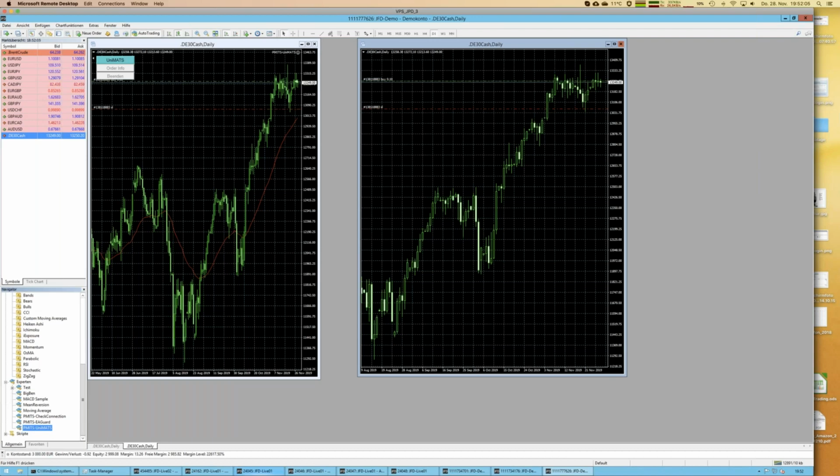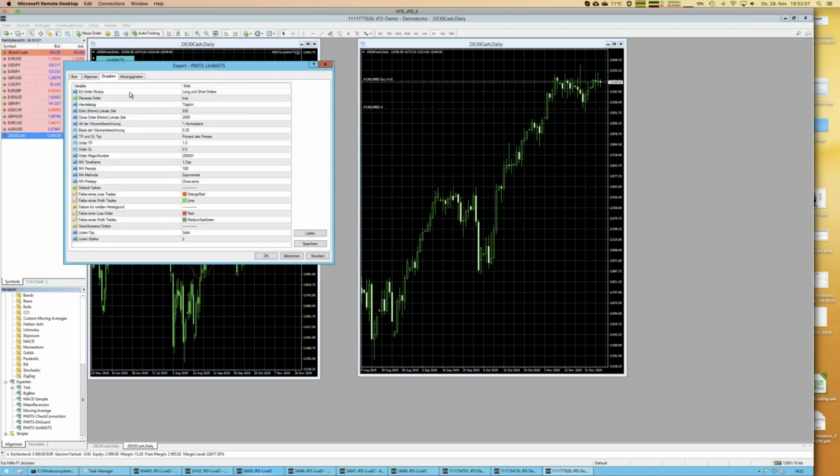Just throwing the expert advisor on the chart. And now we have to do some adjustments. Right now it's in German here. I will guide you through the procedure, and I think there might be an English version as well, but it's really easy to go around here.